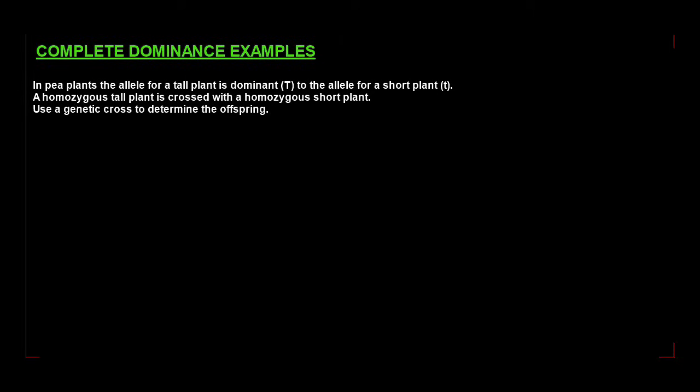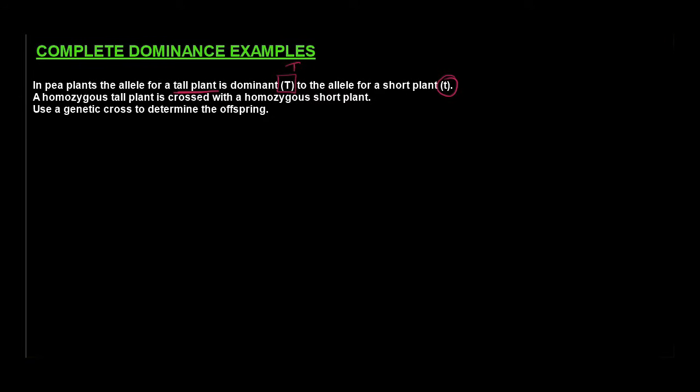Now, in pea plants, the allele for a tall plant is dominant. So they're telling you that the tall plant trait is dominant and they're giving you the allele, a capital letter T. The allele for a short plant is definitely recessive because it is a lowercase t.